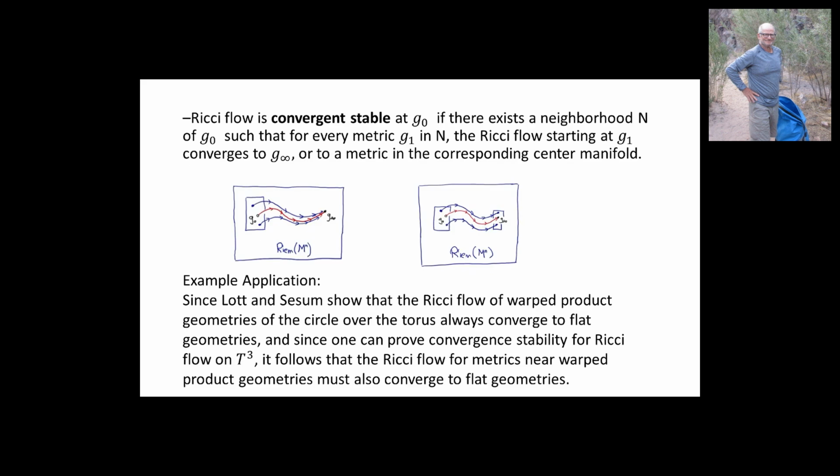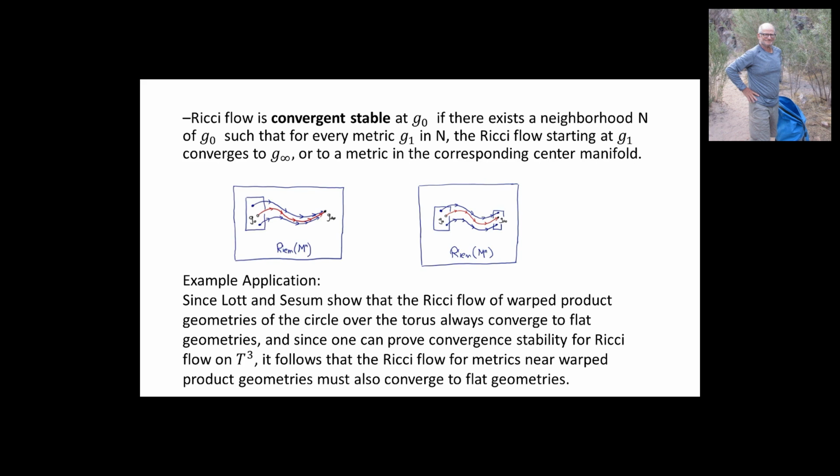Given this situation, we say that a Ricci flow is convergence stable at the stable point g sub 0 if there's a neighborhood, which we call capital N, of g naught such that for every metric g1 in that neighborhood, the Ricci flow starting at g1 converges to g infinity or to a metric in the corresponding central manifold. I indicate this in these two pictures again.